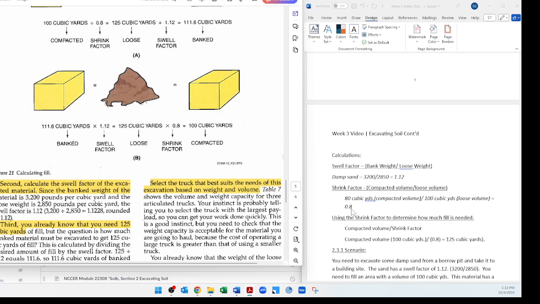So the shrink factor is 0.8. And if you take 0.8 and multiply your shrink factor times your loose volume, you will go back to 80 cubic yards. That will give you that.